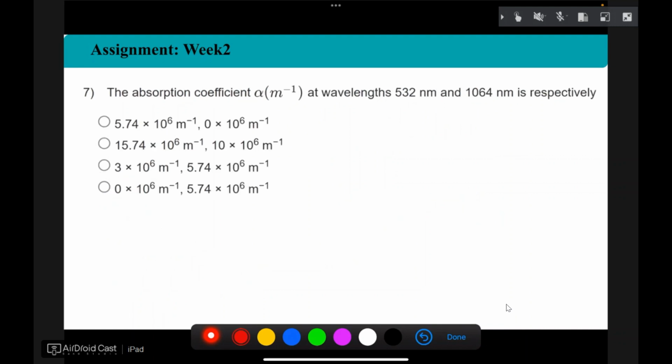Next question: the absorption coefficient alpha at wavelengths 532 and 1064 nanometers is, respectively. We derived the formula for alpha, which is alpha equals 4 pi kappa by omega. Kappa is the extinction coefficient.